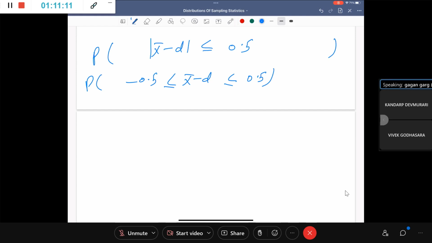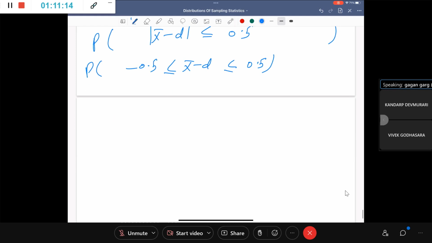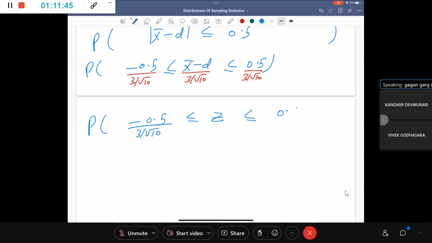And now what do you know? You know that x bar minus d. So now if you divide all the sides by 3 by root 10, then the term in the middle becomes standard normal. So you get probability of minus 0.5 by 3 by root 10 less than or equal to z less than or equal to 0.5 by 3 by root 10.